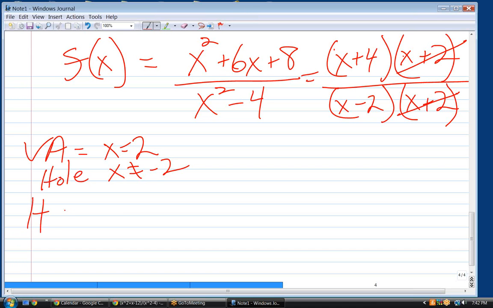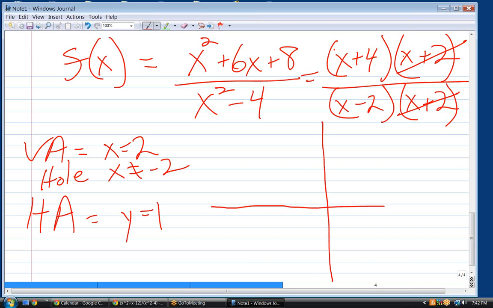Horizontal asymptote: 1. So there's one vertical asymptote and one horizontal asymptote.